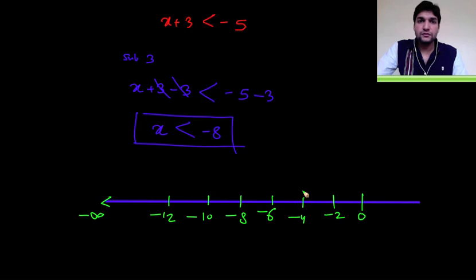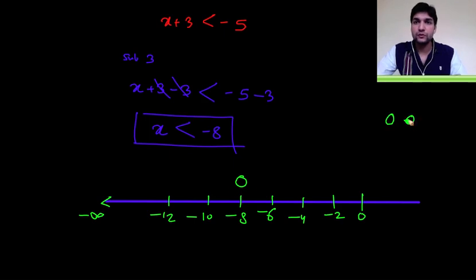So this means x will have all values which are lesser than minus 8, but not minus 8. It cannot have value minus 8. So we should put a big circle which is not filled up circle. It is open. We can have these two circles, one which is filled up and other one which is not filled up.